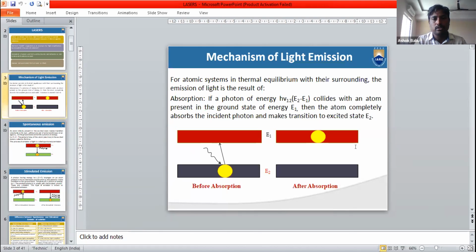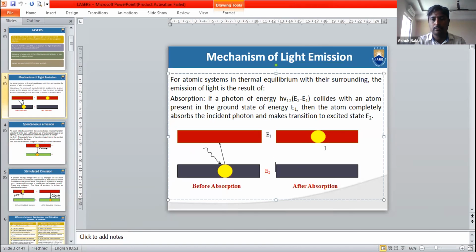Absorption is nothing but atoms in the ground state interacting with matter. What will happen? Photon energy is absorbed by the atoms and they are excited to a higher energy state, which is called absorption. In this, the first diagram represents before absorption and the second diagram represents after absorption.